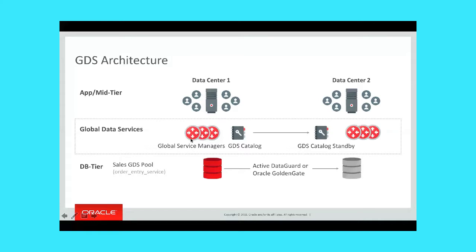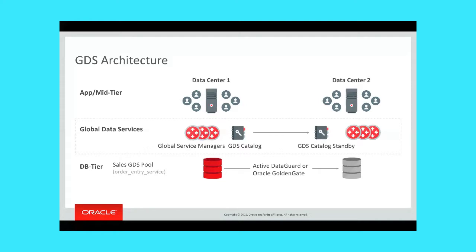Okay, so GSMs do a few things. One is connection load balancing. The incoming connections are well load balanced across these databases. And it's not only connect time, it also provides a runtime load balancing advisory. Back in RAC, you could get the runtime load balancing advisory by publishing the RLB advisory back to the connection pools, and the connection pools receive this information and route their workload across these instances in a cluster.